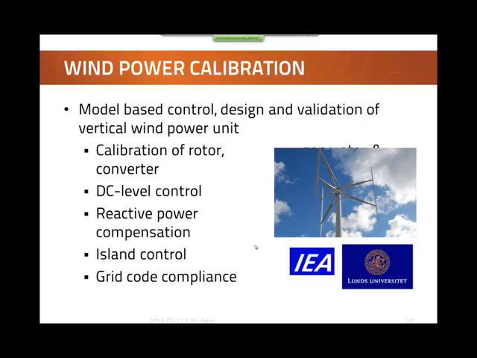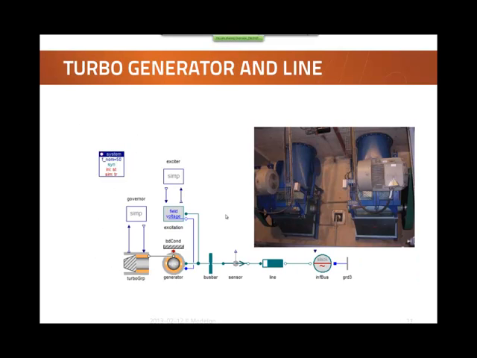So let's continue. This work was done together with the Lund University Division of Industrial Electronics and Automation. The next slide shows a turbo generator and a line, which is modeled and simulated in EPL with standard components.